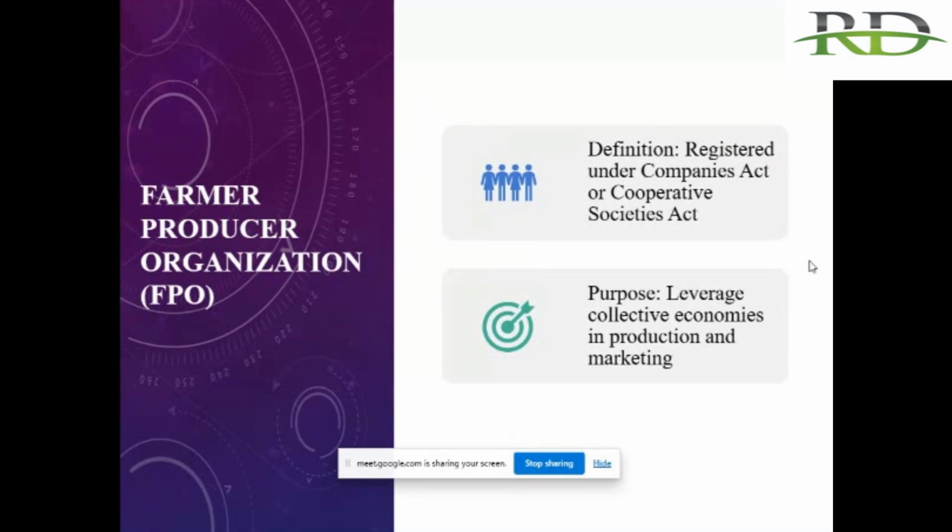To minimize this, this organization was created so that farmers will come together and form a team. Some group of farmers may look into the farming situation and good practices of cultivation, which will enhance their production. Another group of farmers will see the market linkages, how the produce can be transported to a good market area.